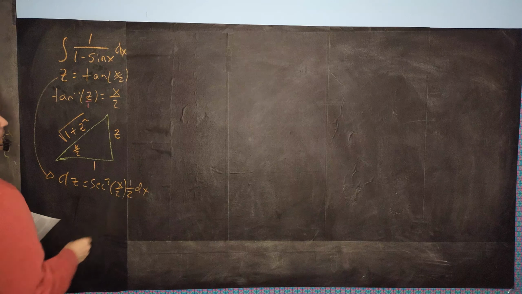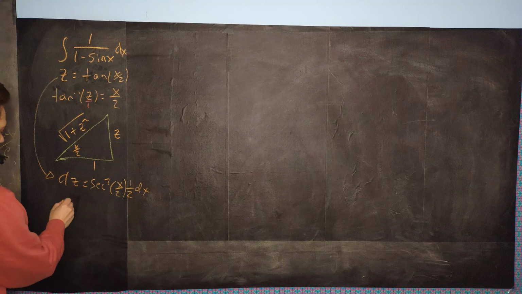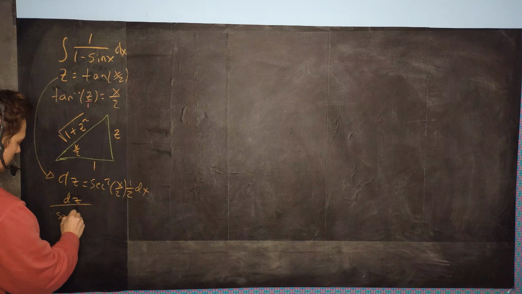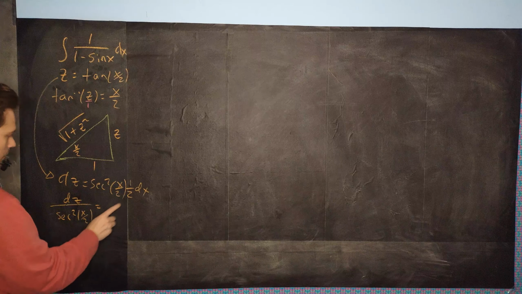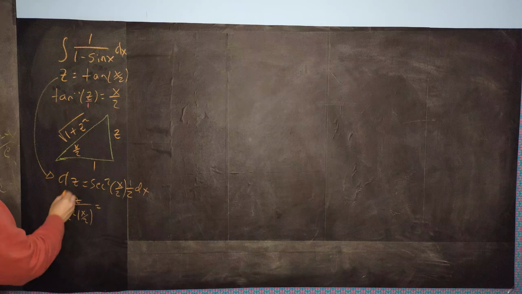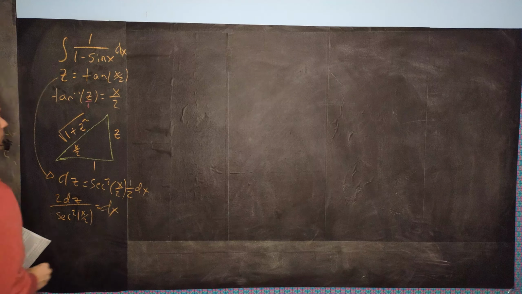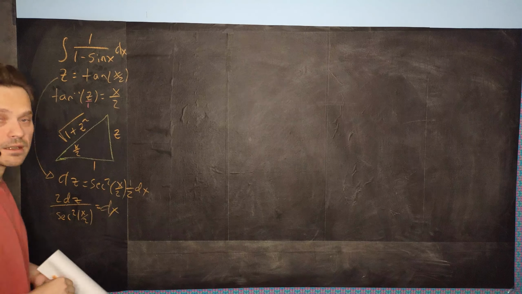Now, let's solve this for dx. We need to do all of this to make a substitution in the end. So dz divided by secant squared of x over 2, multiplying the 2 over, is equal to 2 dz, this is equal to dx. Okay, so again, we now have a way to substitute for dx in our integral.